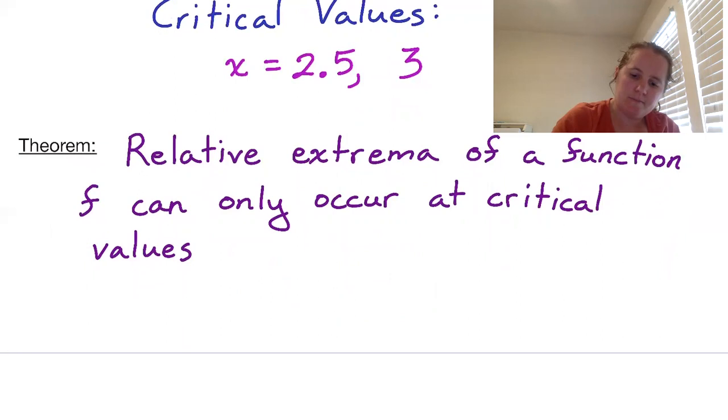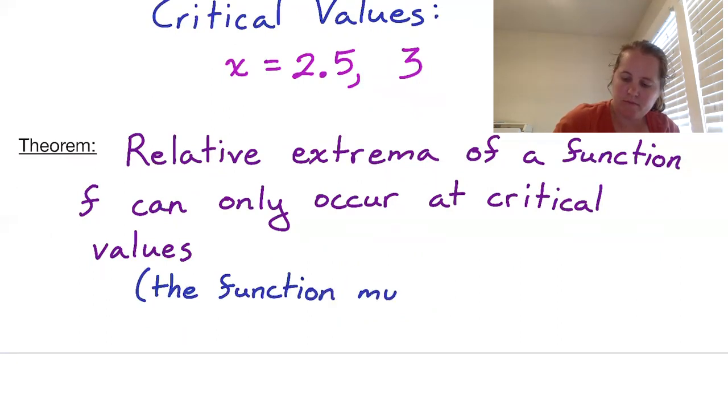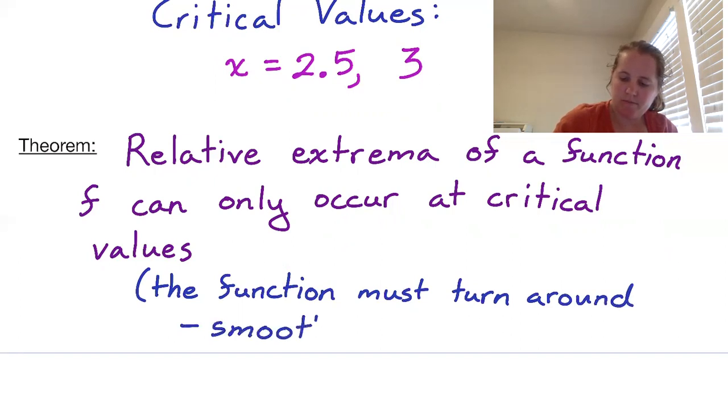So again, the function must turn around. If we have a smooth turn, then that's f prime of x equaling 0.